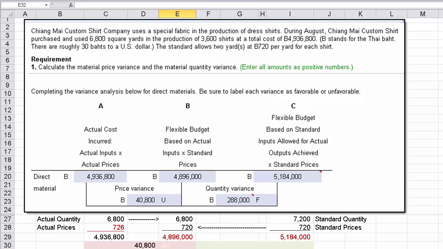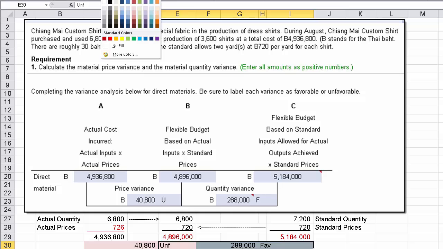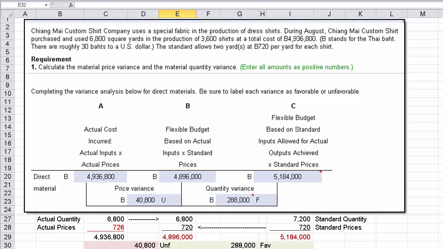I mean to grab the shading, not the color of the text, but the shading. So now, we're talking about the difference between this number and this number, so I'm going to shade all of that. And here we see that the number on the left is less than the number on the right, so it's a favorable variance. Okay? And that's how you would compute the price and quantity variance, and how you can use some simple rules to think through the approach to calculating this.